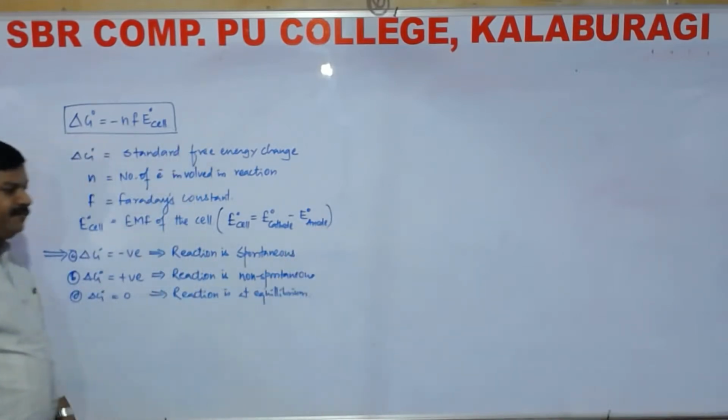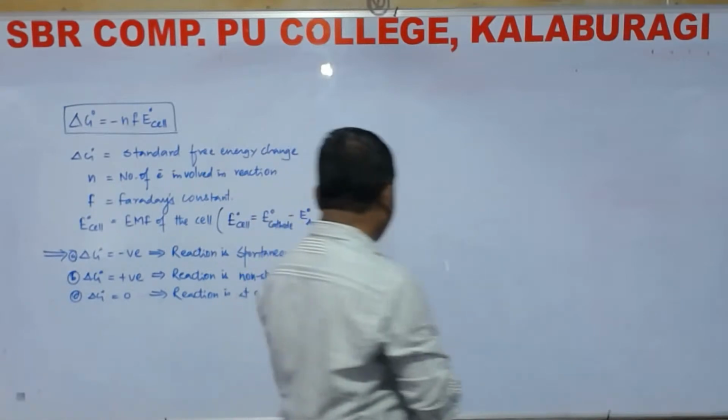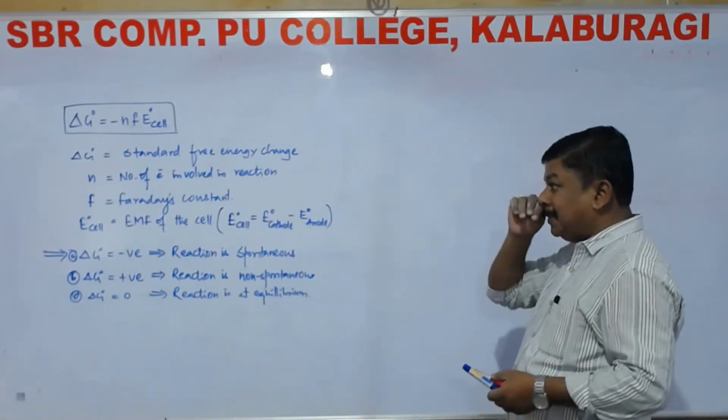If ΔG° is negative, the reaction is spontaneous. If ΔG° is positive, the reaction is non-spontaneous. When ΔG° is 0, the reaction is at equilibrium.